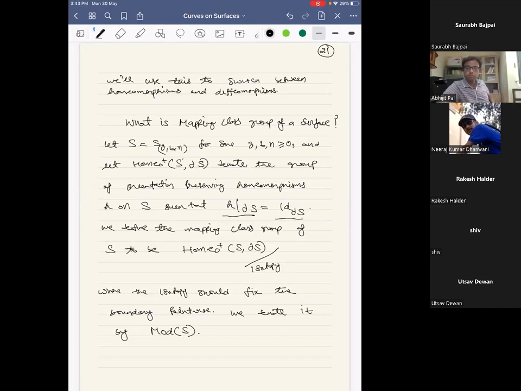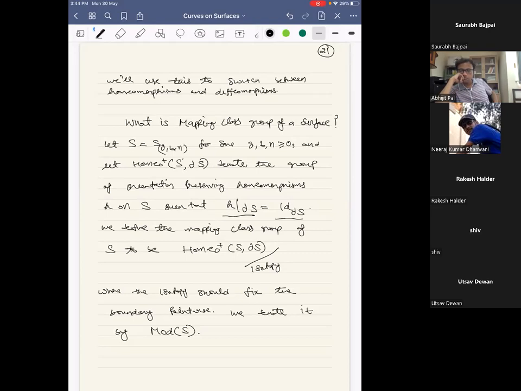So this is a group. Then what is the mapping class group? On this group of homeomorphisms, you define an equivalence relation: two maps are equivalent if they are isotopic. This quotient is called the mapping class group, the homeomorphisms up to isotopy.